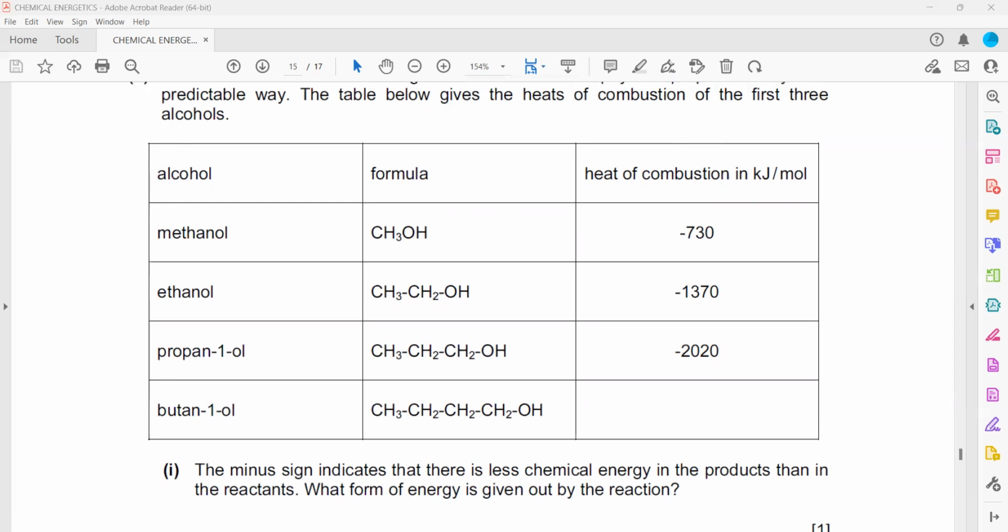So we have to mark the points first, and from those points, we have to draw a straight line and work out the heat of combustion of butanol. I will plot the graph.